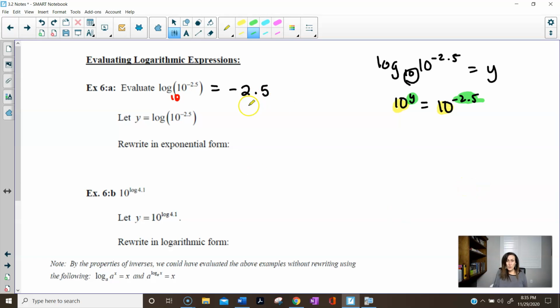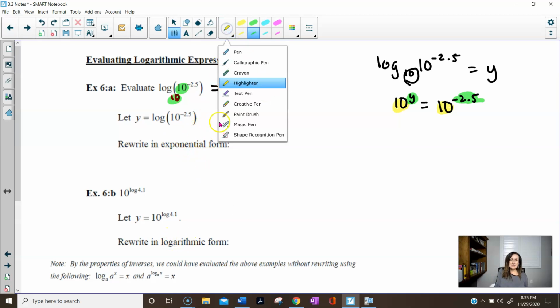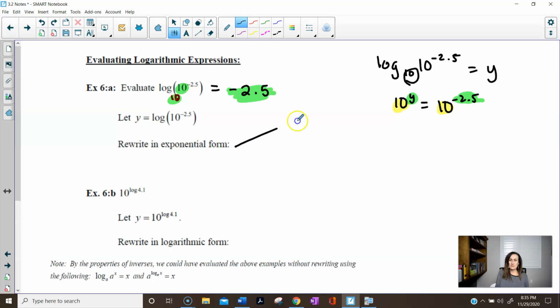However, I needed no work because I remembered that special property where the base and the answer are the same number. I get the exponent for my solution. All right. And I did this work for you here. Rewrite in exponential form is right there.